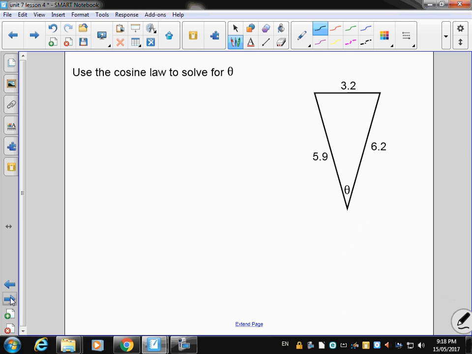Okay. We're going to use the cosine law to solve for theta. All right, we want this angle, theta. It is across from the 3.2, so those are the opposites I need to think about when I'm setting up my cos law. I'm going to write the cos law down, and then we'll put the right numbers in the right spot.